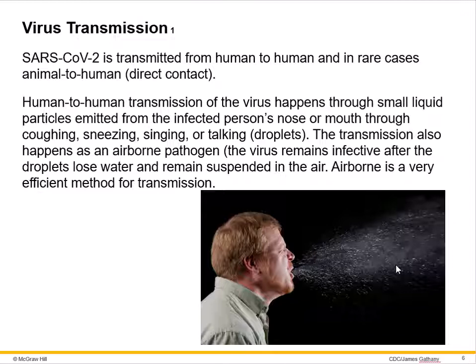So those are two different things, and I need you to appreciate that. Transmission through droplets is when the droplet contains water, and airborne is when even after the droplet has dried, we still have transmissible particles floating in the air for a period of time.